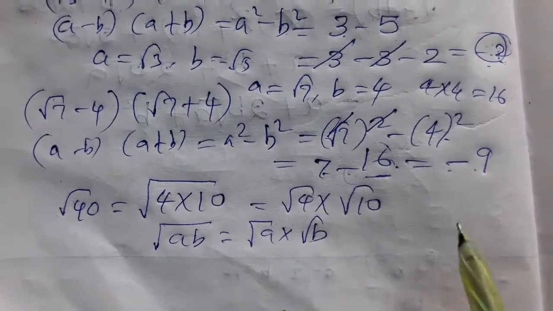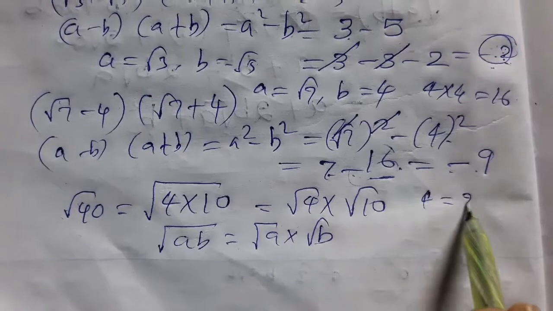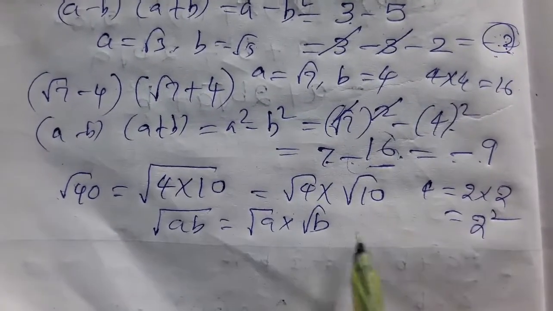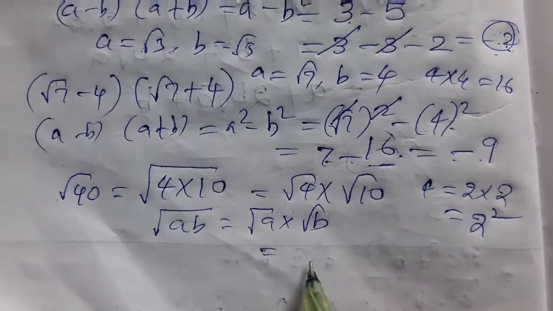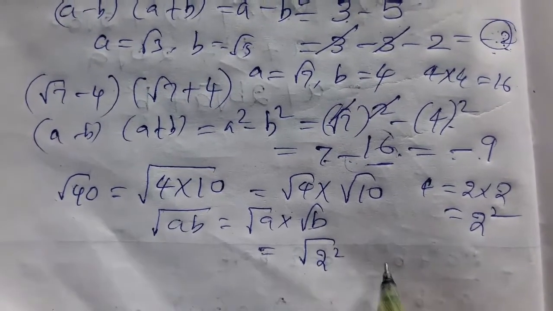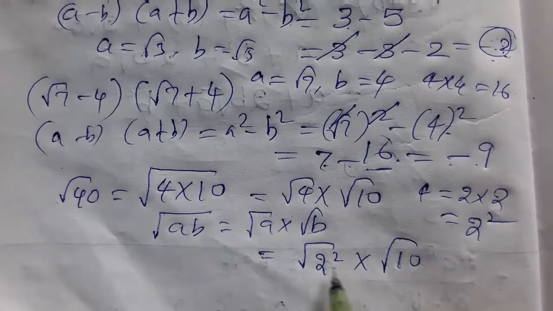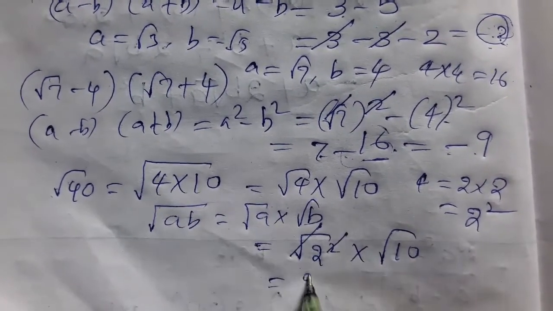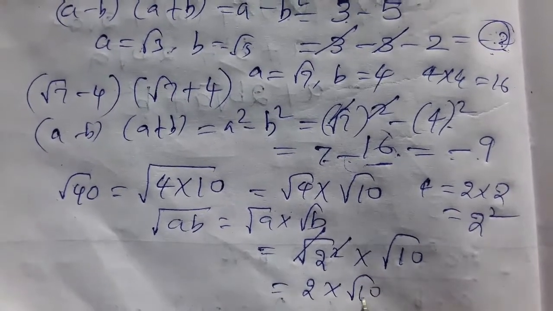Here 4 equals 2 into 2, that is 2 square. Now write root 2 square into root 10. The root and square cancel, that means 2 into root 10.